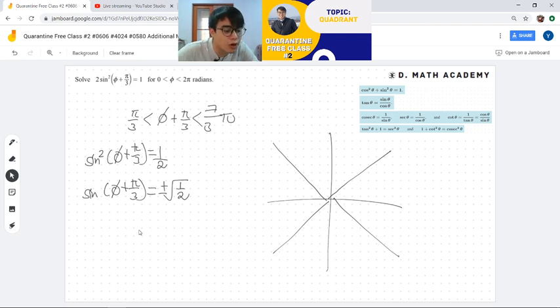Anything beyond that doesn't exist anymore. So cosine's answer cannot be beyond -1 to 1 for cosine inverse. Okay, this is the rule that applies in cosine.